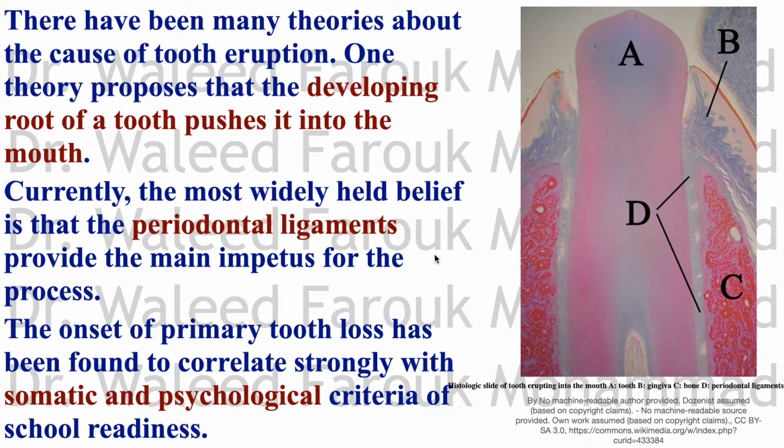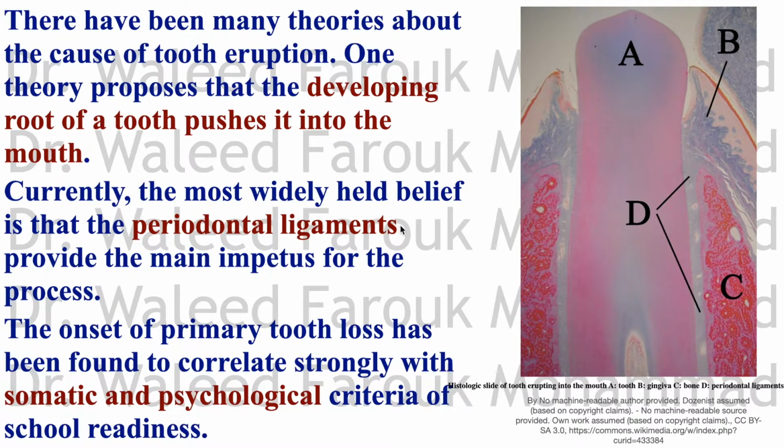And there are theories about that eruption. It was thought before to be a simple pushing mechanism that pushes the tooth into the mouth. Currently, studies showed that the periodontal ligaments are the responsible factor for eruption.